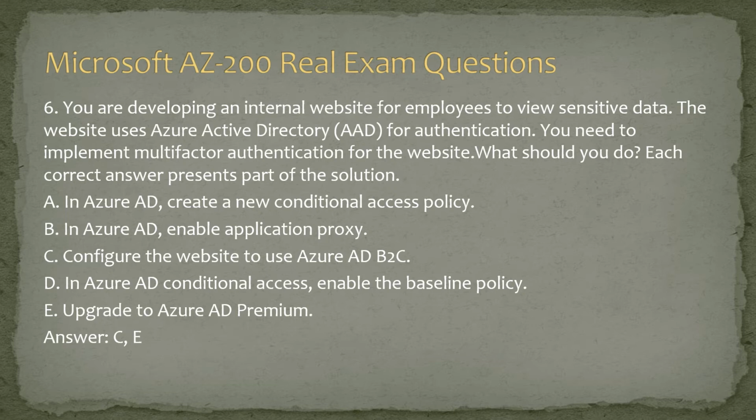6. You are developing an internal website for employees to view sensitive data. The website uses Azure Active Directory (AAD) for authentication. You need to implement multi-factor authentication for the website. What should you do? Each correct answer presents part of the solution. A. In Azure AD, create a new conditional access policy. B. In Azure AD, enable application proxy.